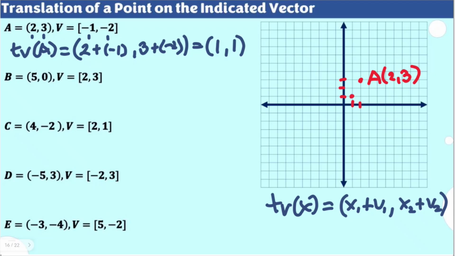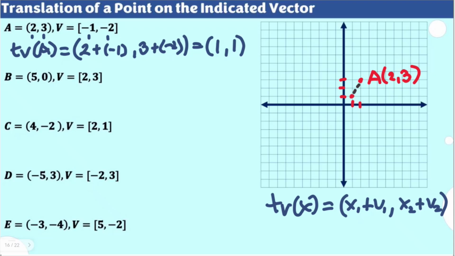So we can see here that this is its translation at 1 and 1. This direction, take note, it goes down. If you're going to place an arrowhead on that, that corresponds to our vector negative 1, negative 2. If we plot negative 1, negative 2 solely on our Cartesian plane as a vector, it also looks like this. It goes down.